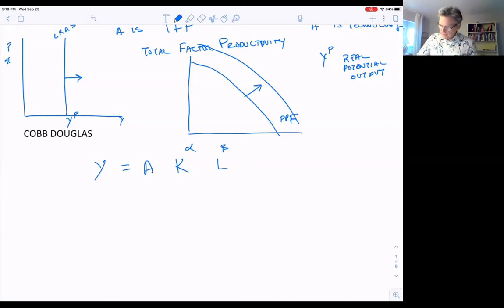The exponents, alpha and beta, are each greater than 0 but less than 1. And together they add up to 1. So alpha plus beta equals 1.